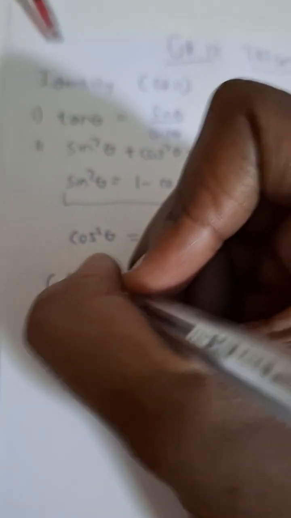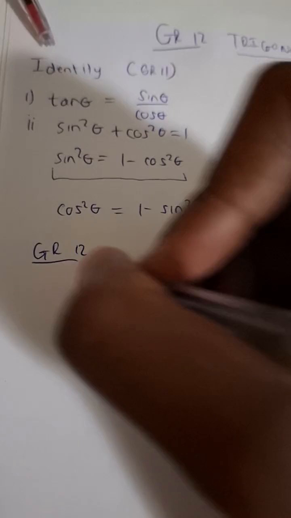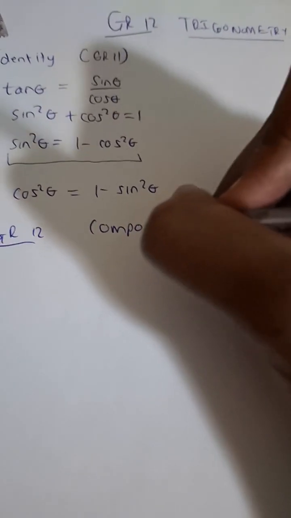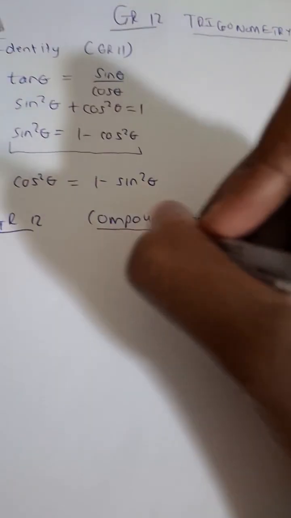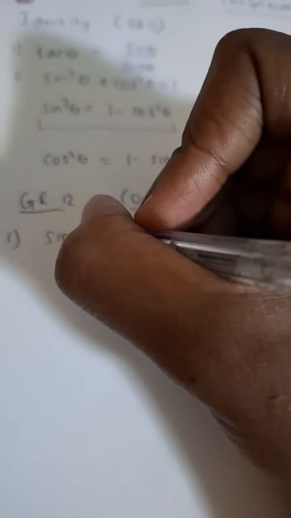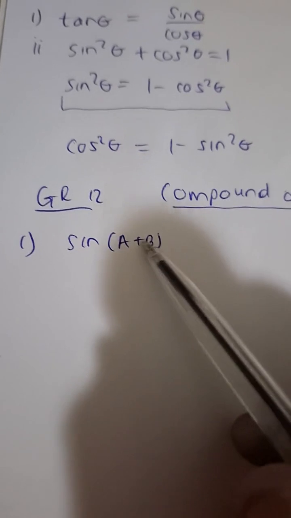Then, in grade 12, we have what we know as the compound angles. The first compound angle is the sine of, let's say, A plus B. You could put any other variables here, but it's the addition of two angles.